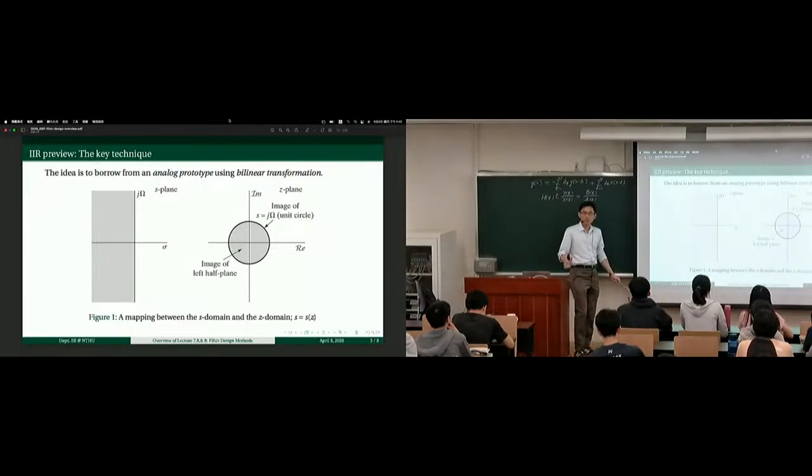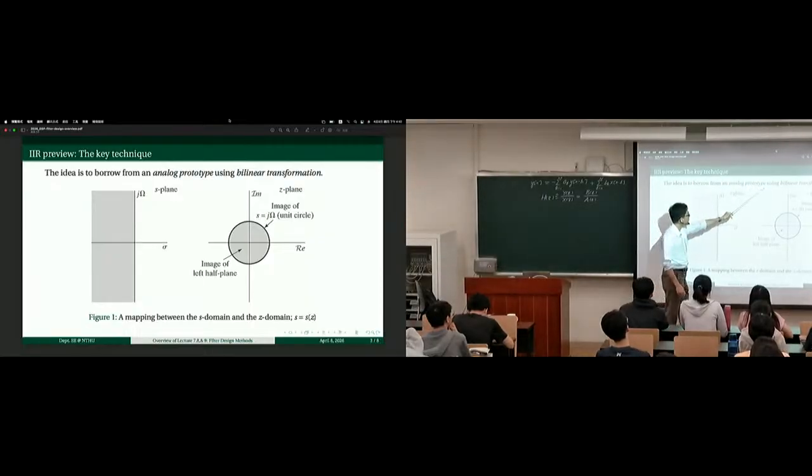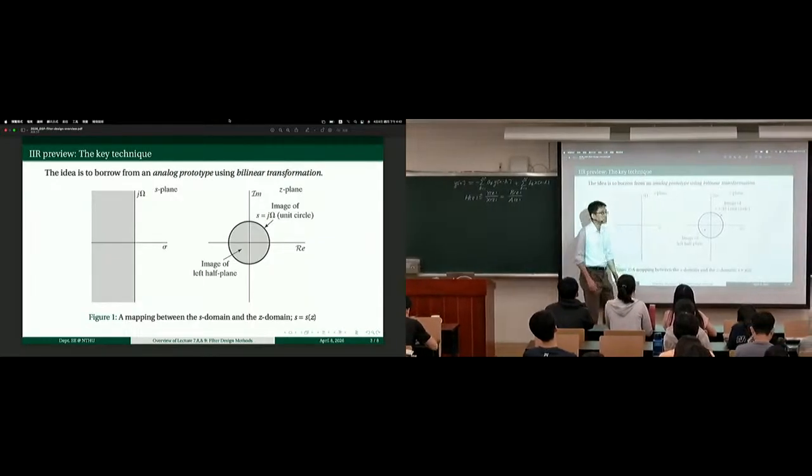We're about digital processing, but to design a digital filter, we start from analog. We will borrow an analog prototype using some kind of technique called bilinear transformation.